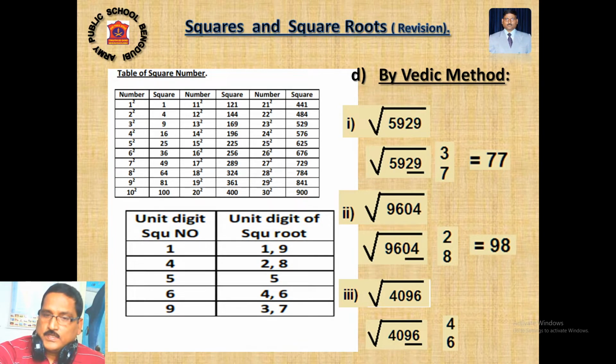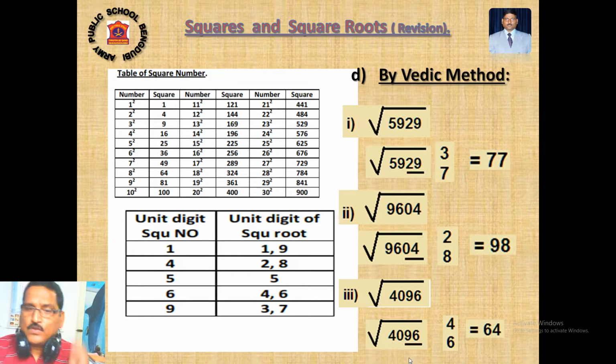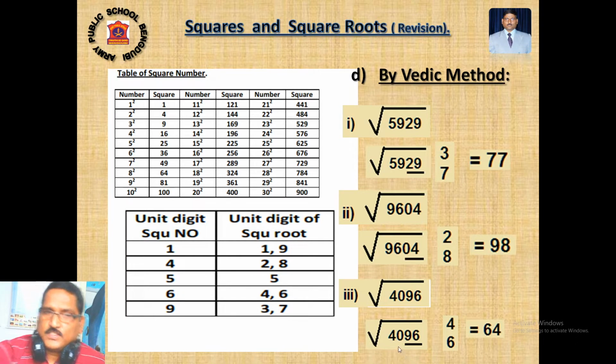Now this 40 is close to 36 or 49? It is far away from 49, but very close to 36. That's why this time we have to take the smaller number. This will be 36, that is 6, and the unit digit will be 4. That means 64. The square root of 4096 is 64.